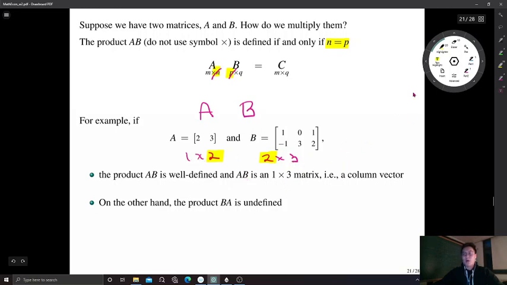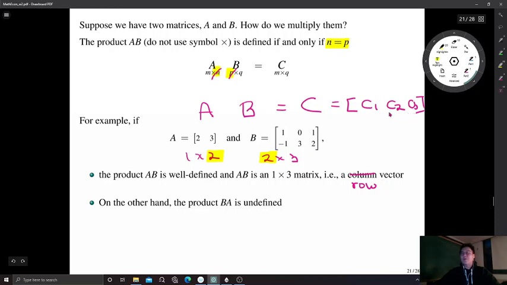So it has one row and 3 columns. So C is going to take this form: C1, C2, C3. That is a row vector. This is a typo, not a column vector, because it has only one row.